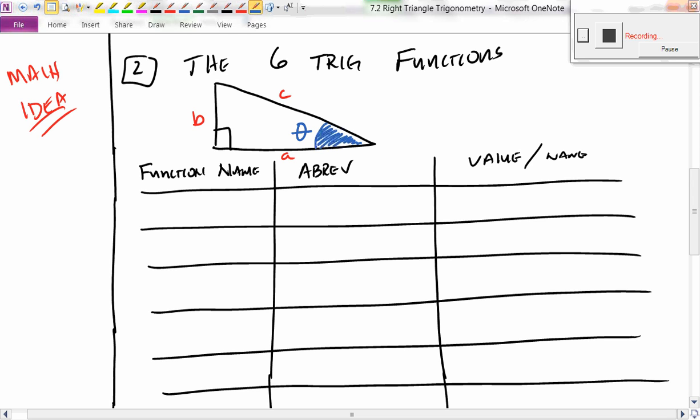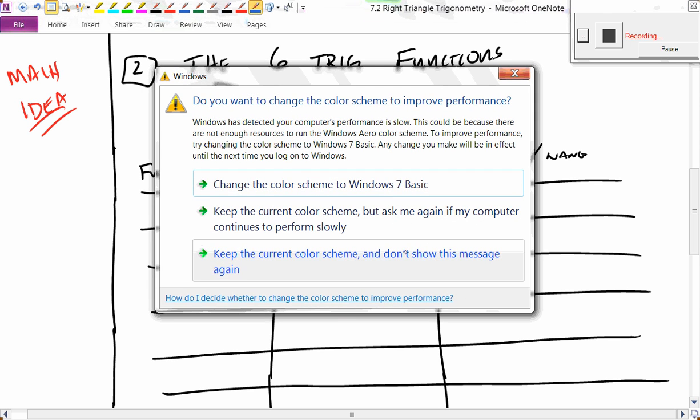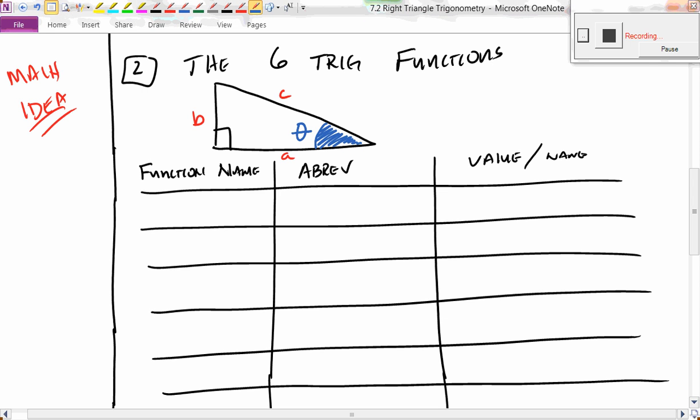Theta just represents an angle. Now that I have identified theta as being this angle on the lower right-hand side, what is the side that is opposite the angle called?